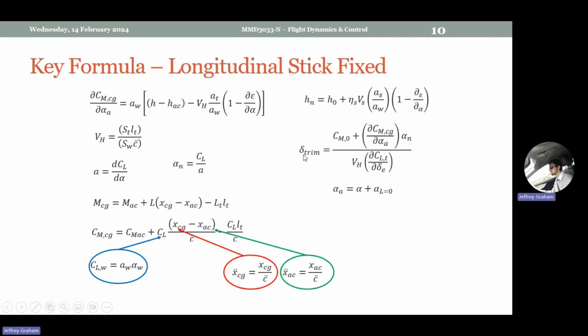So to trim the aircraft out using the elevator, CM0 from the trim graph, its gradient of that particular trim graph, our angle at which we have to set the aircraft to, there's VH, and then we've got a relationship of lift to elevator. So this is, I'll talk about this again later on. And finally, this is taking an angle of attack to an absolute angle of attack. So effectively shifting the lift curve slope over.